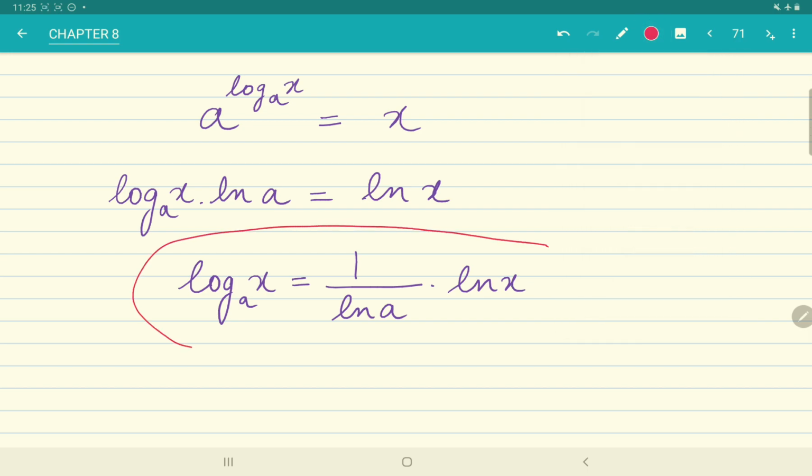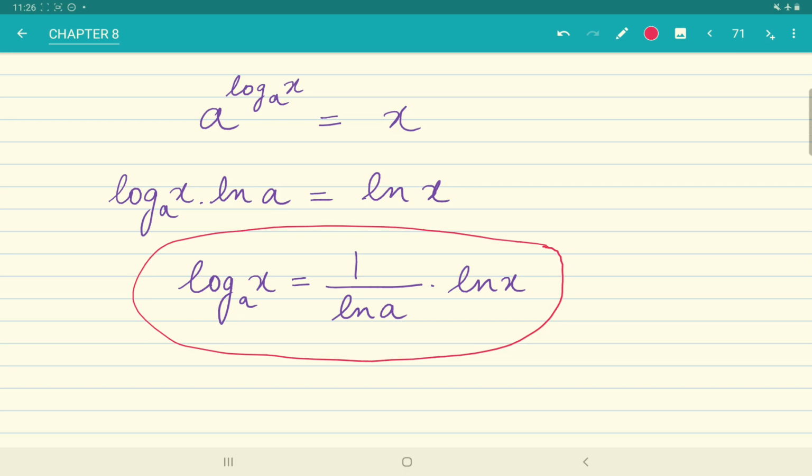This is also something to be careful about, because this reveals that the logarithm of x to the base a is proportional to ln x, and the proportionality factor is 1 by ln a. Log of x to the base a is equal to 1 by ln a multiplied by ln x.